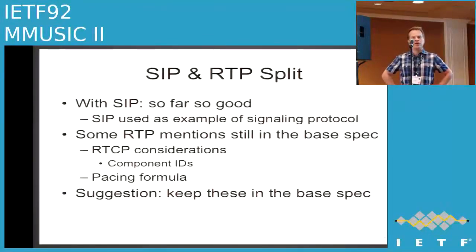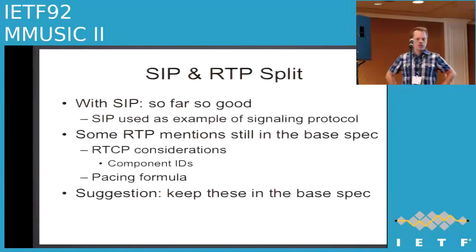So I would suggest that we keep those parts of how RTP is specified for use with ICE in the ICE-BIS draft. It doesn't say that you should use RTP with ICE or anything like that. It's mostly just: if you're using RTP, here's how you do it with ICE. I think that seems like a reasonable way forward. Okay, I see people nodding and no one is running for the microphone, so we'll go with that.